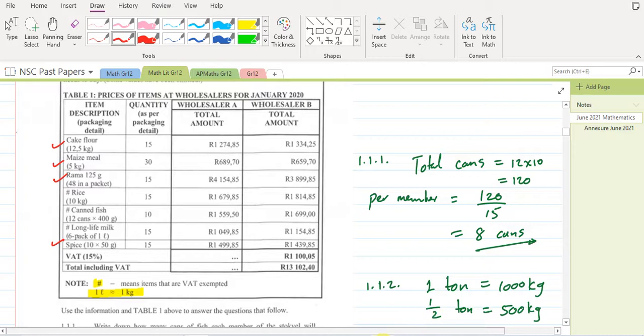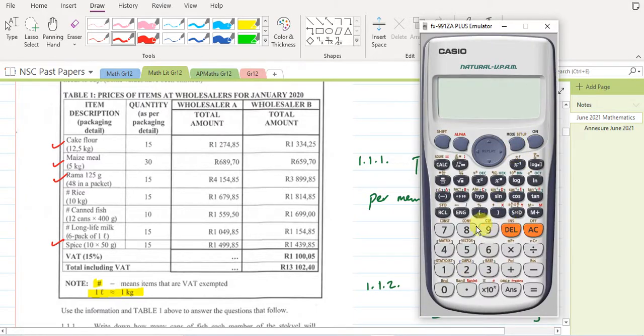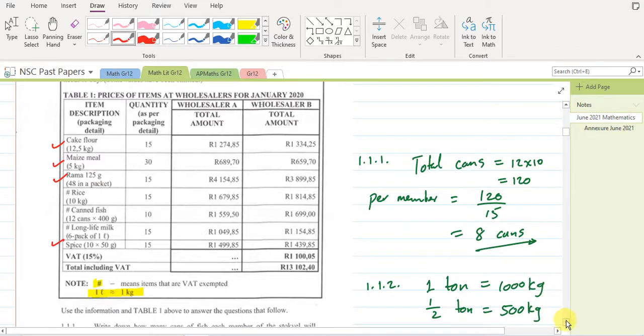So 1274.85 plus 689.70 plus 4154.85 plus 1499.85, and if I press equals, I'm getting an answer of 7619.25.